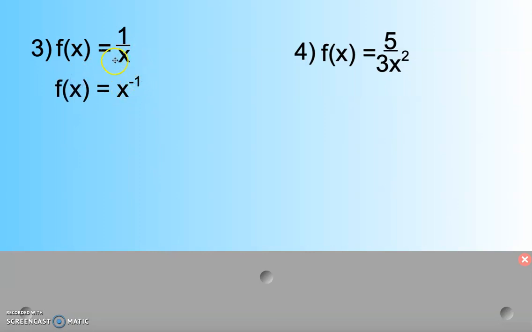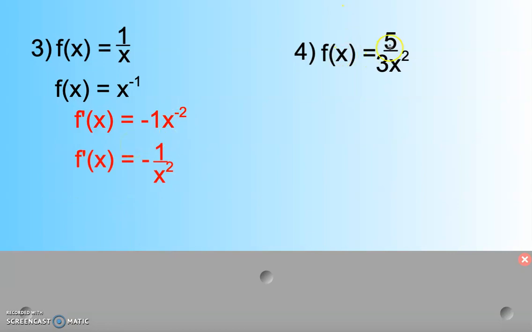Remember, negative exponents, they flip numbers. So using my power rule shortcut club, this negative 1 comes down into the front. So f prime of x is negative 1x, and then I subtract 1 from the current exponent, and that's how I get to the negative 2nd. Remember our rules, no negative exponents. That is the derivative of f of x.